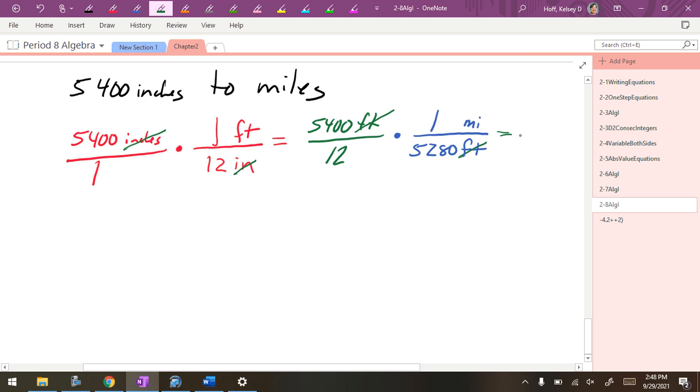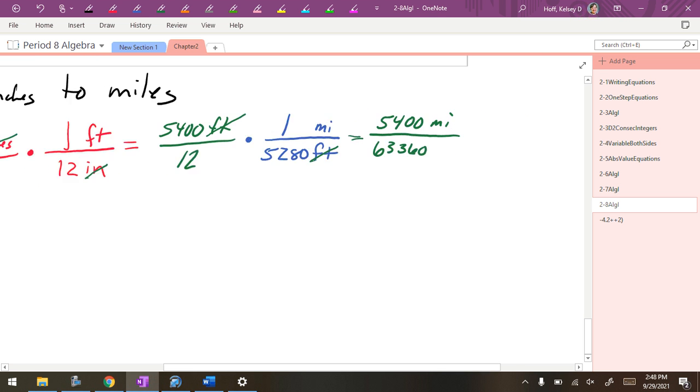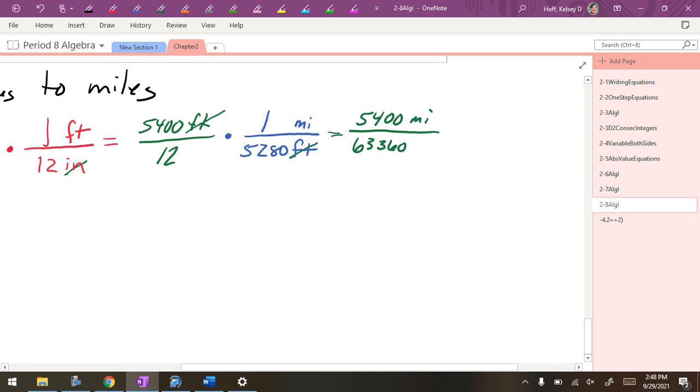Multiply across, you get 5,400 miles over 63,360, like that. And last but not least, you should divide. Take 5,400 miles divided by 63,360.